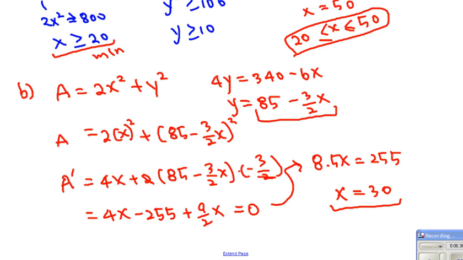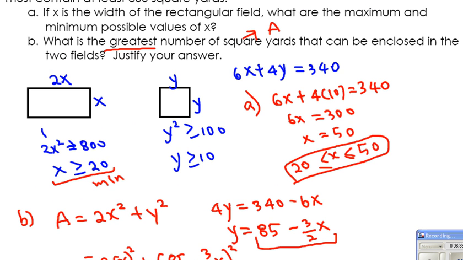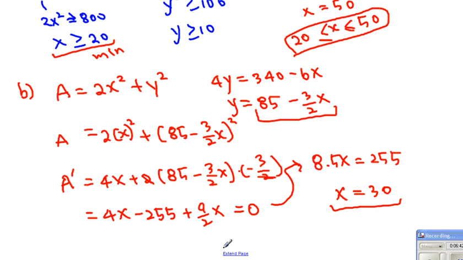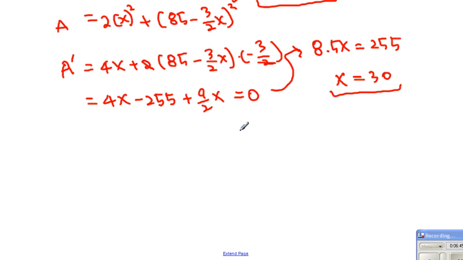Now we're looking for the greatest number of square yards, so we're looking for the total area. We technically have to check using sign analysis. Here, x equals 30. If you plug in 0, you will realize we are left with a negative number.